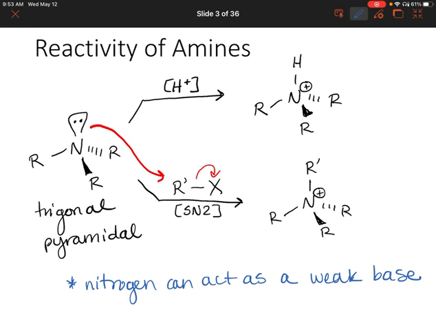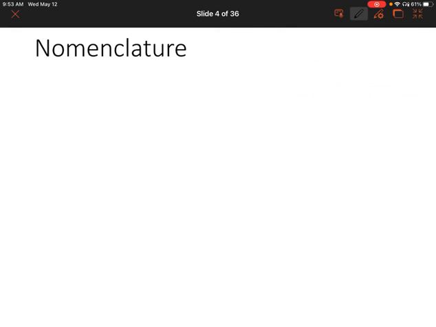All right. So let's also talk about the nomenclature for amines. How do we name amines? So there are a couple of different ways that you can name amines. Just as an example, let's say we have an ethyl group bonded to an amino group.